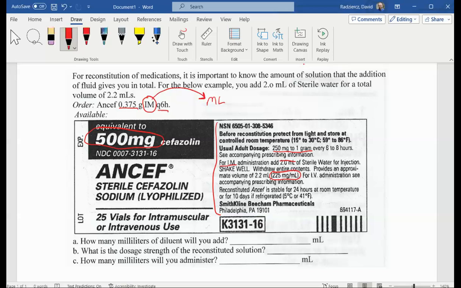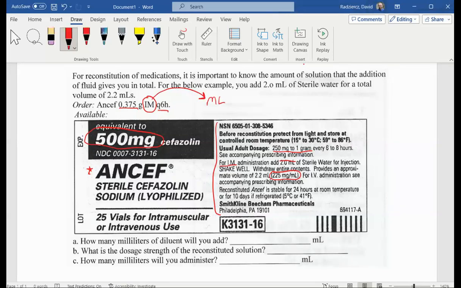All right. That's what you're looking for. Normally, you would hope you would see that on the part of the label where this 500 milligrams is listed. You would see that 225 listed there, but that's what's different about these reconstitution problems.